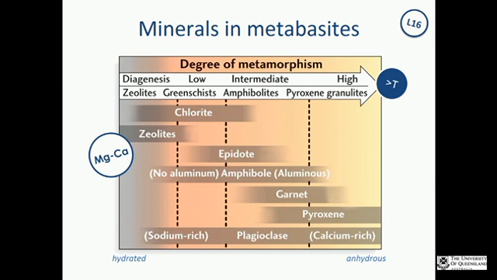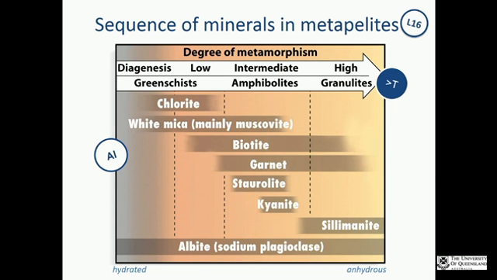In metapelites, it's the same story, but the minerals are different because what we have is aluminium. Yeah? And we've looked at these two particularly because they are more interesting. Because if we start with a sandstone, we will just generate quartz, and then quartz, and then quartz, and then quartz. And then we get a quartzite, which is not very diagnostic of metamorphic grade.